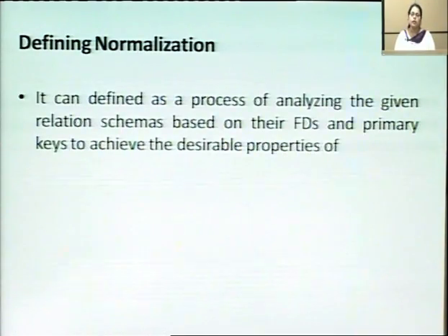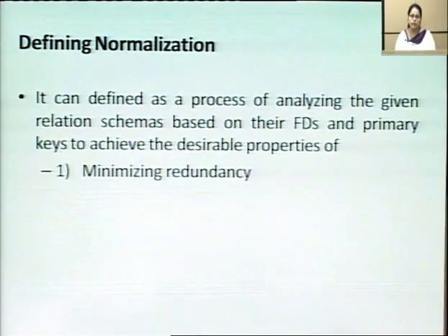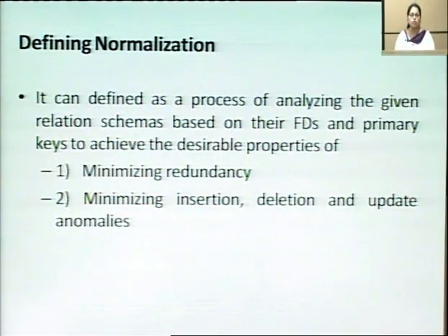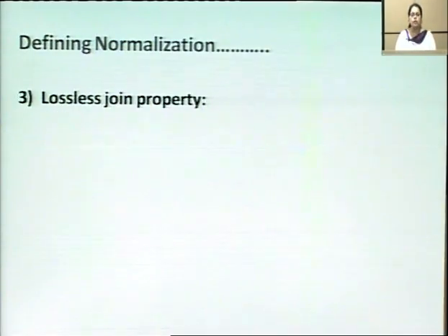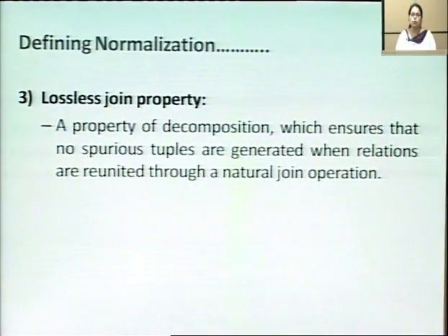Now we can define normalization formally as a process of analyzing the given relation schemas based on their functional dependencies and primary keys to achieve the desirable properties of minimizing redundancy and minimizing insertion, deletion and update anomalies, which we have discussed earlier. Third is the lossless join property, a property of decomposition which ensures that no spurious tuples are generated when relations are reunited through a natural join operation.